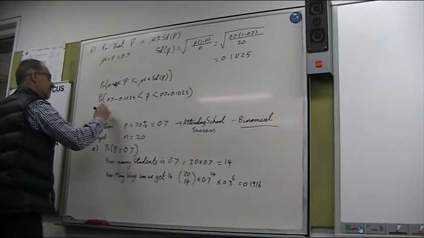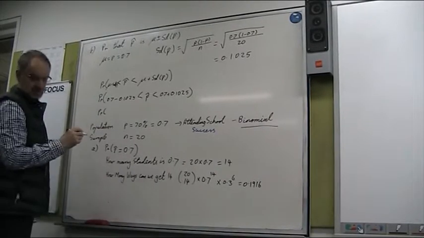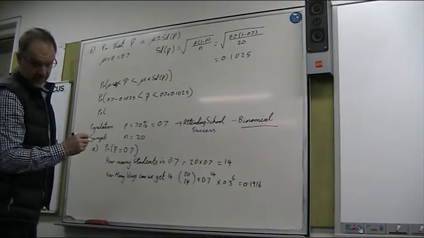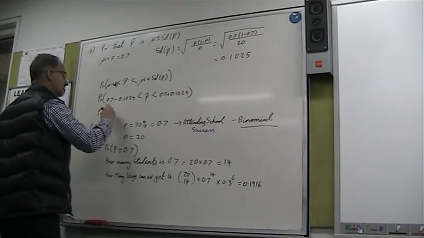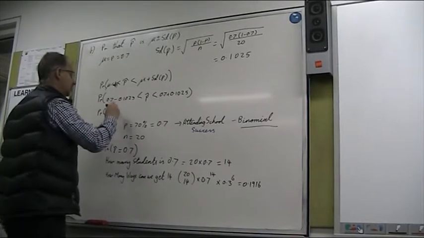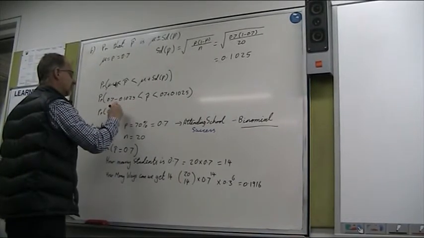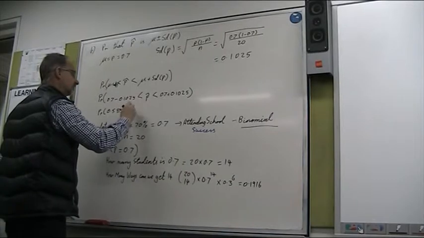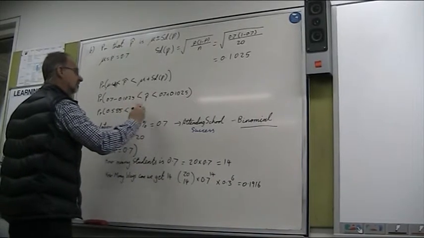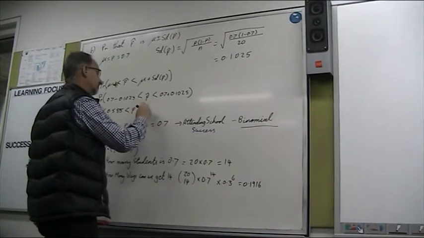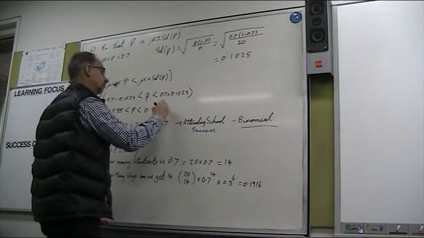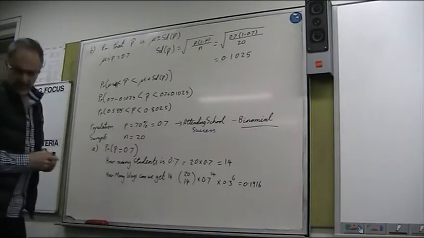Probability, put the numbers in, work that out as I've prepared earlier. 5975. All right.